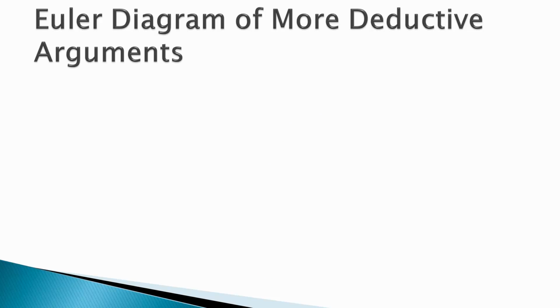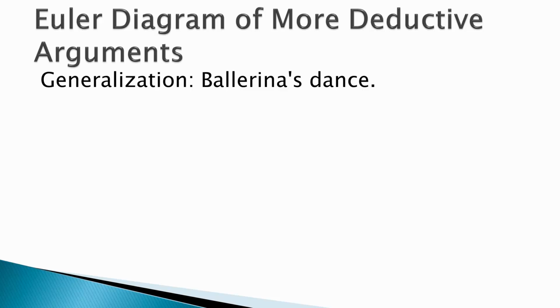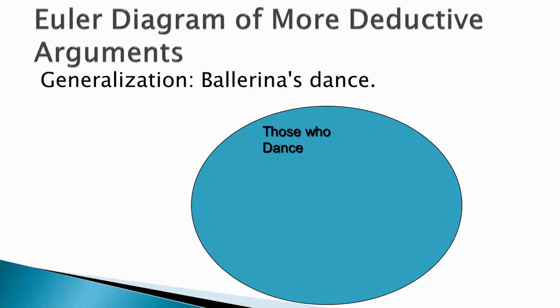An Euler diagram, then, can be used to determine when a deductive argument might look like it is fitting all the requirements, but might be faulty in its logic. So, for example, if I take a generalization like ballerinas dance. Now, again, this generalization is true.